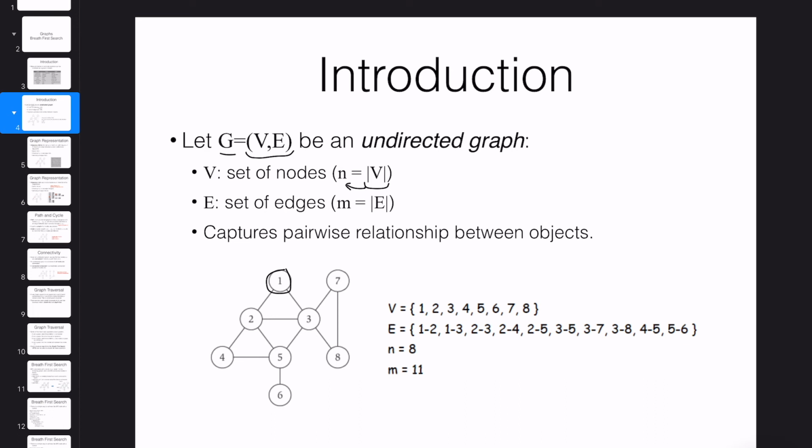We call it undirected because when there is a connection from 1 to 3, there is also a connection from 3 to 1. So you can go from 1 to 3, or from 3 to 1. All the edges are undirected, or you can think of them as bidirectional. You can go this way or that way.